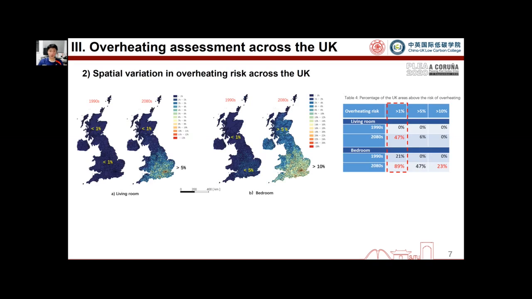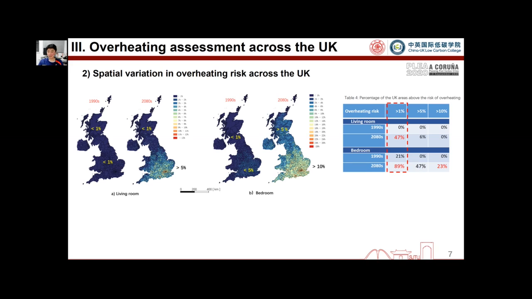The figure shows spatial variation in overheating risk across the whole country. As you can see, compared to the 1990s, the overheating risk in the 2080s increased substantially. For the north, overheating risk in the living room is unlikely to exceed 1%. However, it would exceed 1% in the south. And Table 4 shows the percentage of the UK area above the overheating risk thresholds.